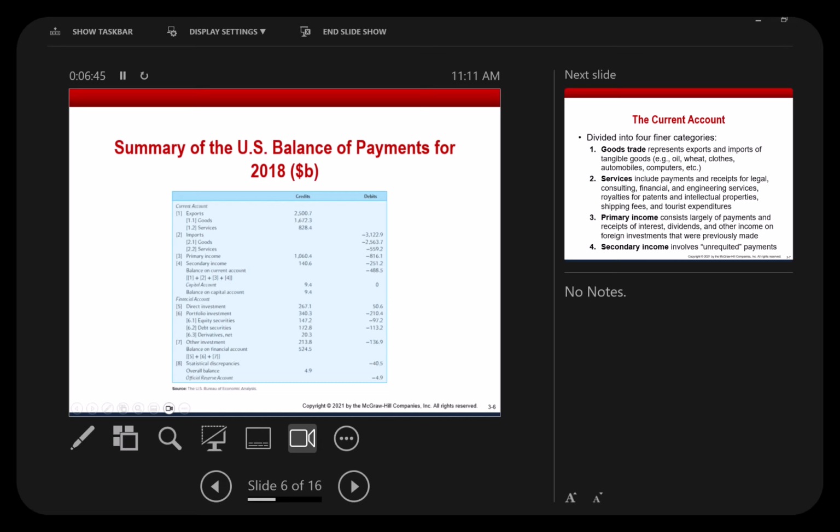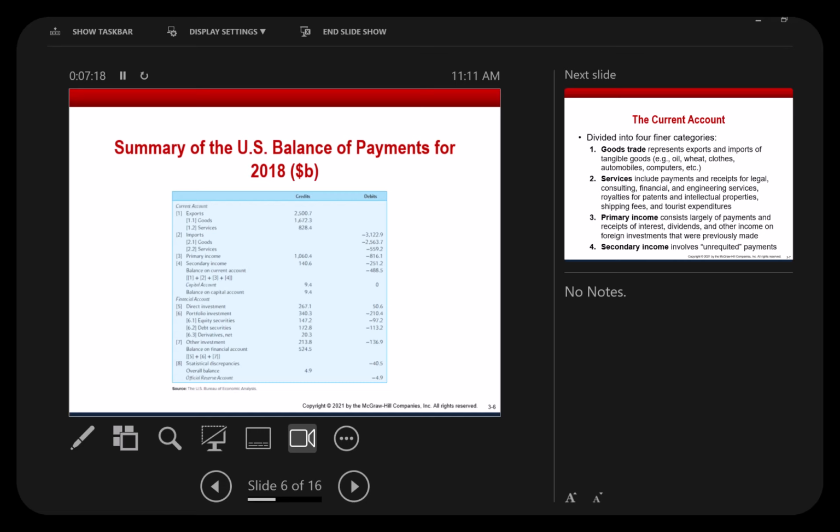The capital account has a balance of 9.4, and the financial account, US technically financial is also a capital account, but it's kind of a sub item. Look at the direct investments. Do you know the difference between direct investment and portfolio investment?